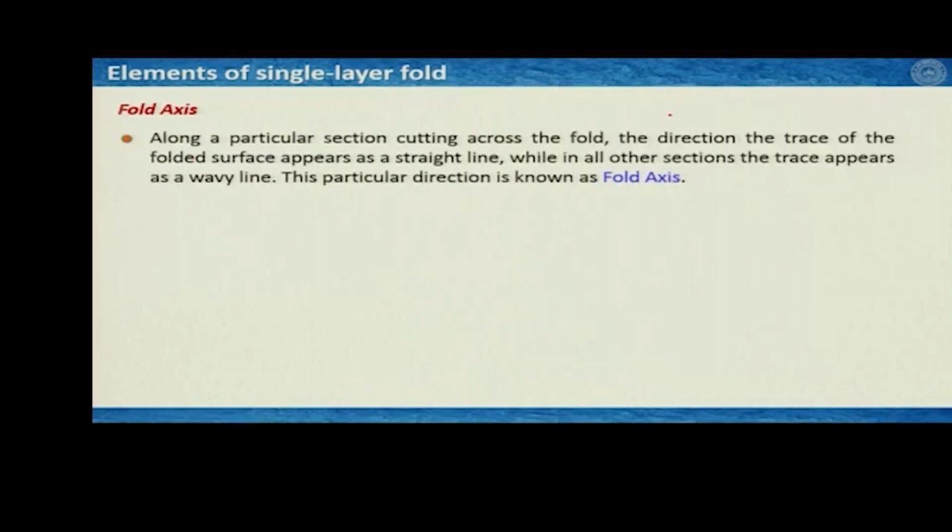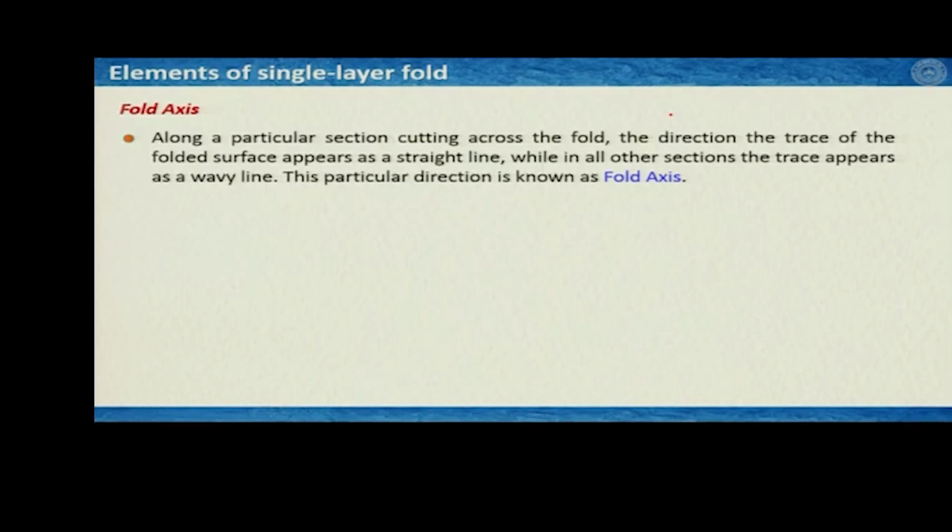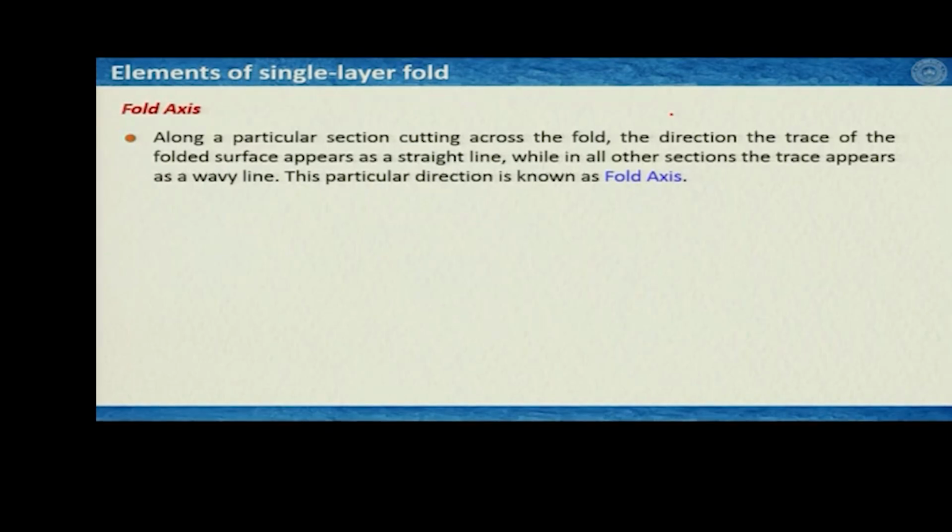Now, if I have a folded layer, then along a particular section cutting across the fold, the trace of the folded surface appears as a straight line, while in all other sections the trace appears as a wavy line, and this particular direction is known as fold axis. What does it mean?